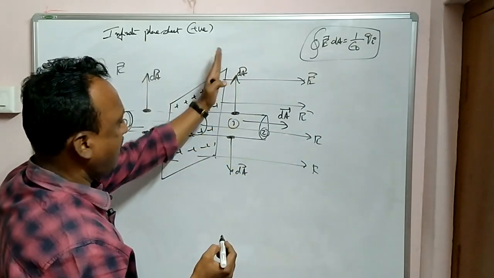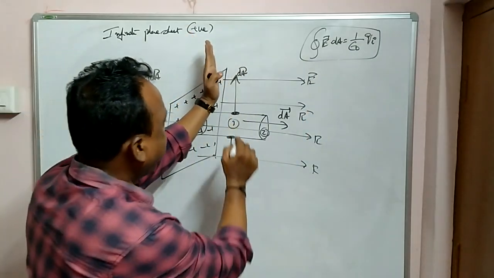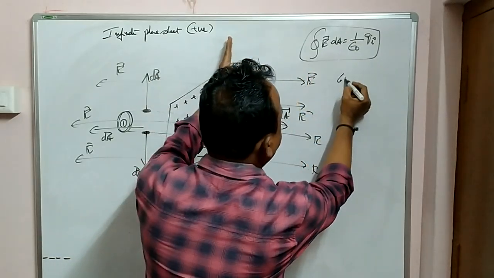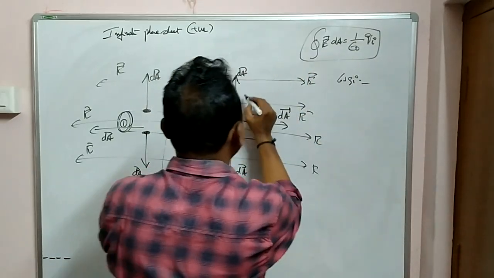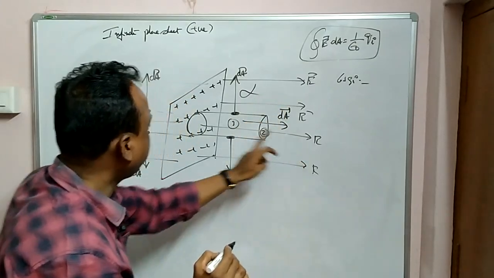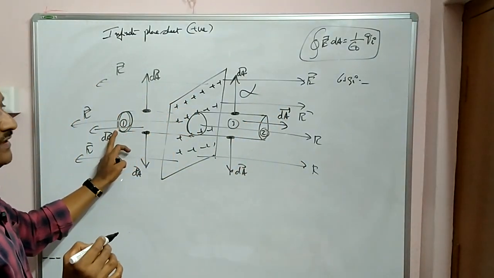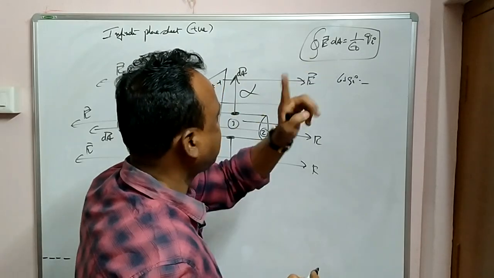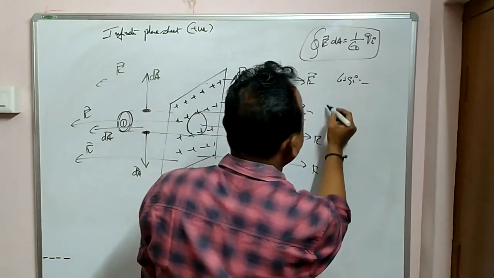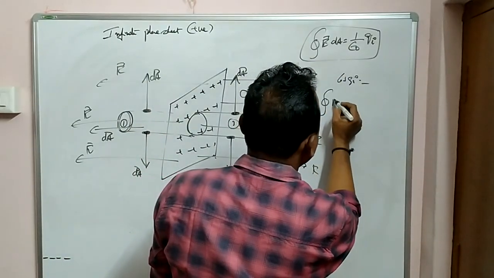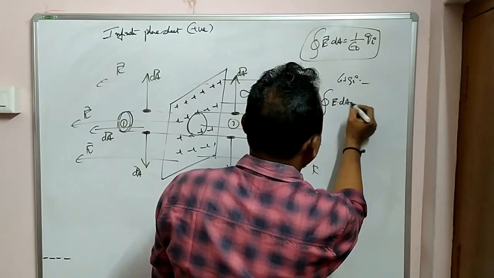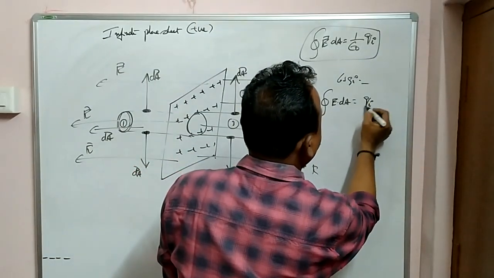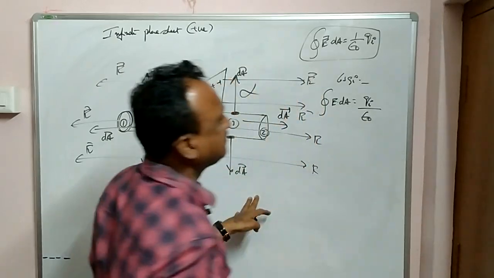Here, on the curved surface, it is coming outside, and you can see E and A are making 90 degrees. So cos 90 is 0, so this will cancel. Only for these two the value will be there, because both are parallel, same direction. So cos 0 is 1, so the integral of E dot dA with cos 0 equal to 1 gives Q inside by epsilon.